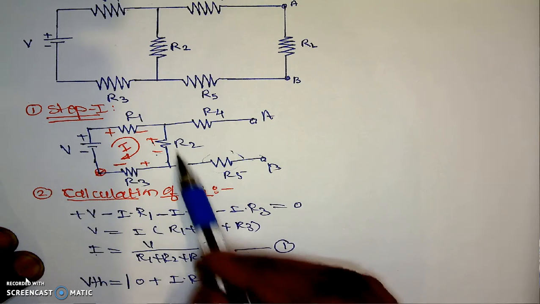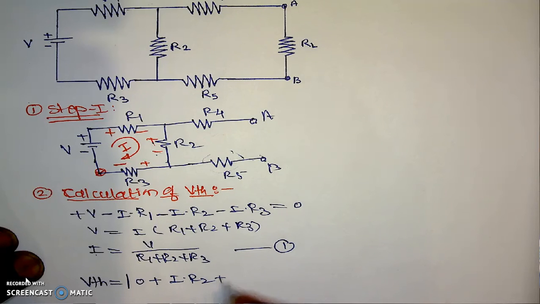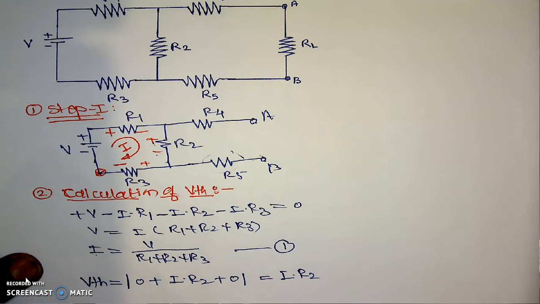Then again, we are traveling in this direction, which is again plus or minus 0. This is 0. This is the value of VTH, which is equal to I into R2, the value of the potential VTH, that is Thevenin's voltage.